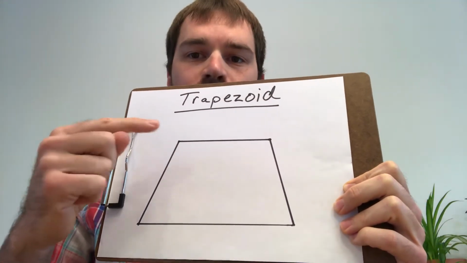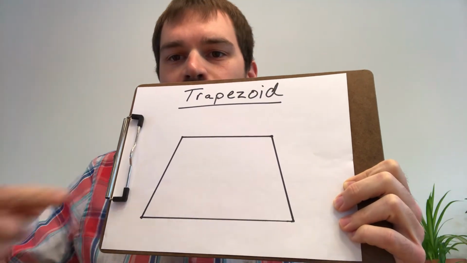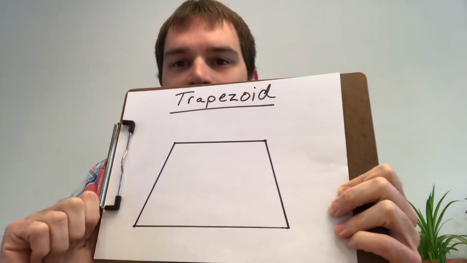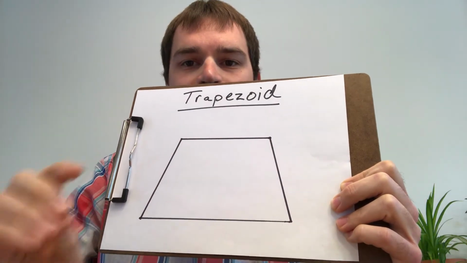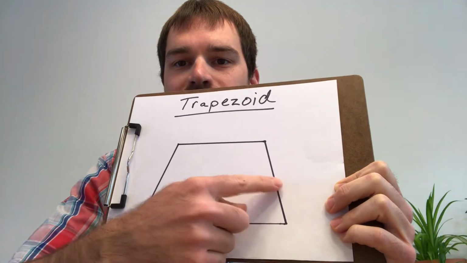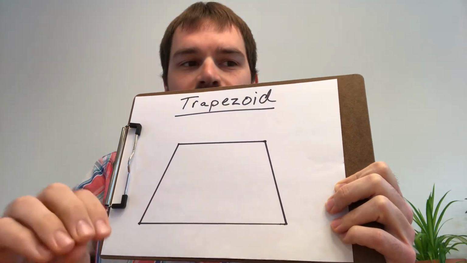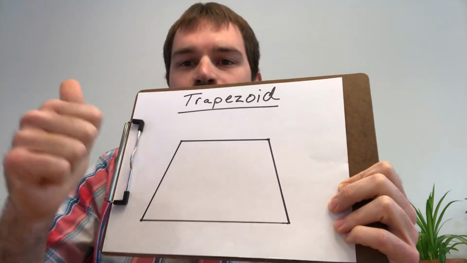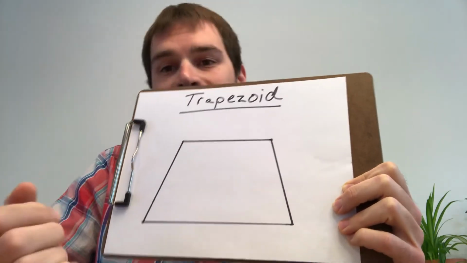Now let's look at the other set of lines. We have this top line and this bottom line. If we continued them on left or right, way off into the page, they would never cross. They are parallel. So right there, we know that this is a trapezoid because this line and this line are parallel and these two lines are not, okay? That is a good indication of a trapezoid. Trapezoids can have acute angles, obtuse angles, and right angles.